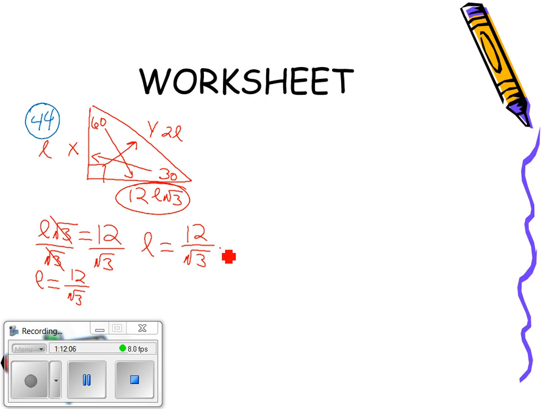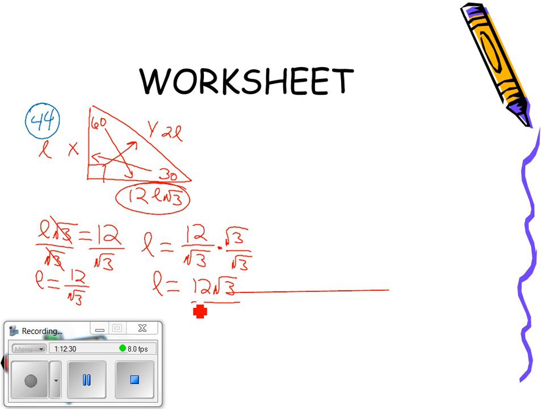But what you have to do is what's called rationalizing this. You multiply both the top and the bottom by whatever that radical is. So I'm going to multiply the top by the square root of 3 and the bottom by the square root of 3. You end up with 12 times the square root of 3 on top.